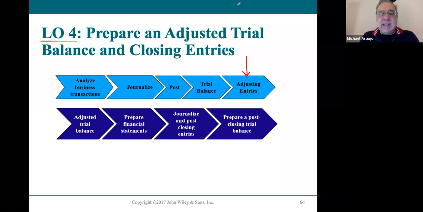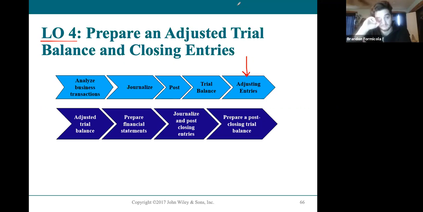So we debited insurance expense and credited prepaid insurance, because we're adjusting, right? So you wrote that down in the journal, and as soon as you do, guess what? It travels over and gets posted into the ledger. So now prepaid insurance has a new balance and insurance expense has an updated balance as well.